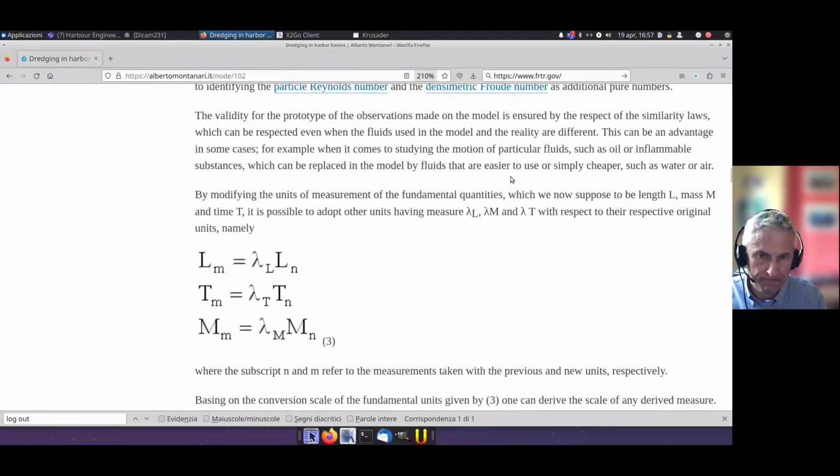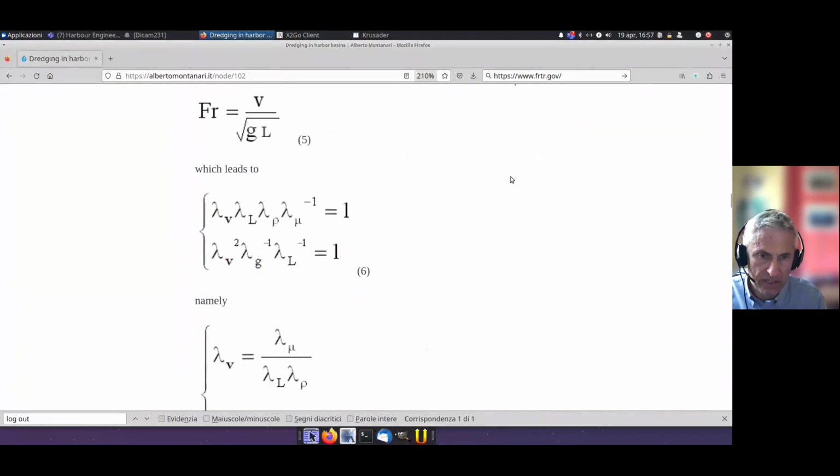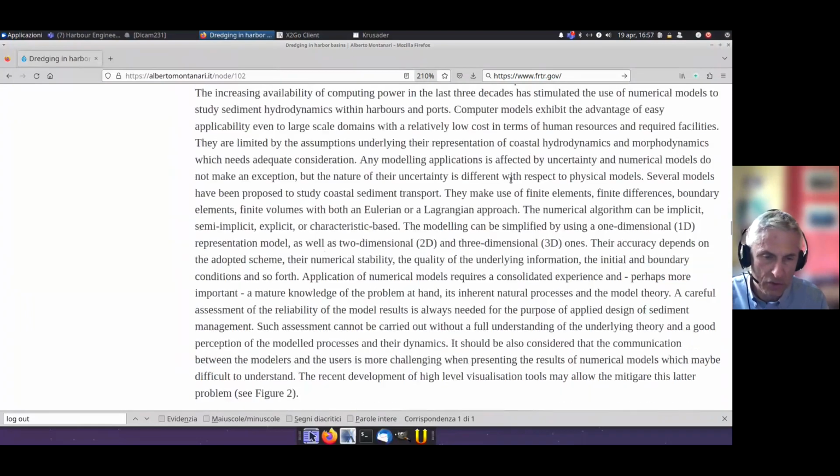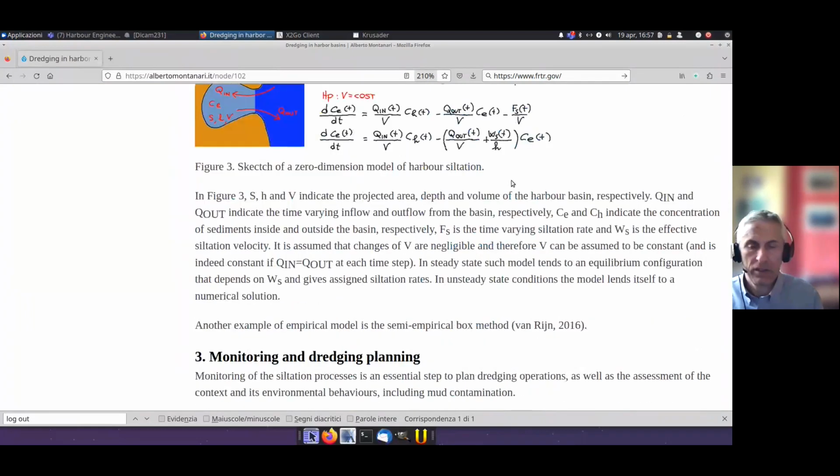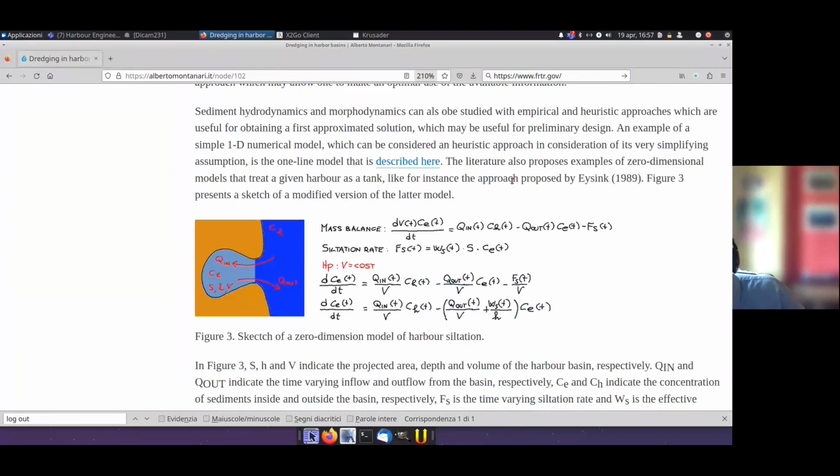Also, questions may arise about the zero-dimensional model, this one, because this is a quite simple relationship that I suggest that you learn by memory, because it may be a question at the exam.